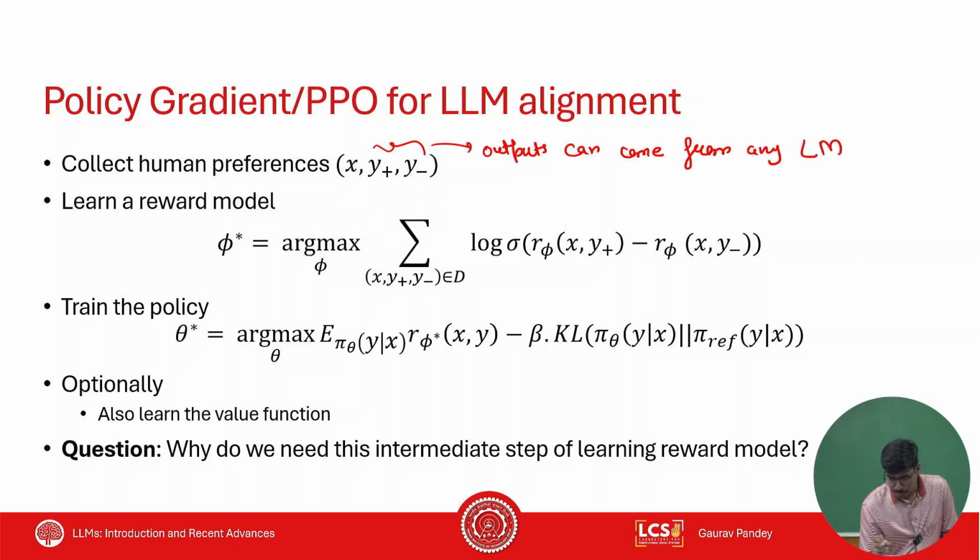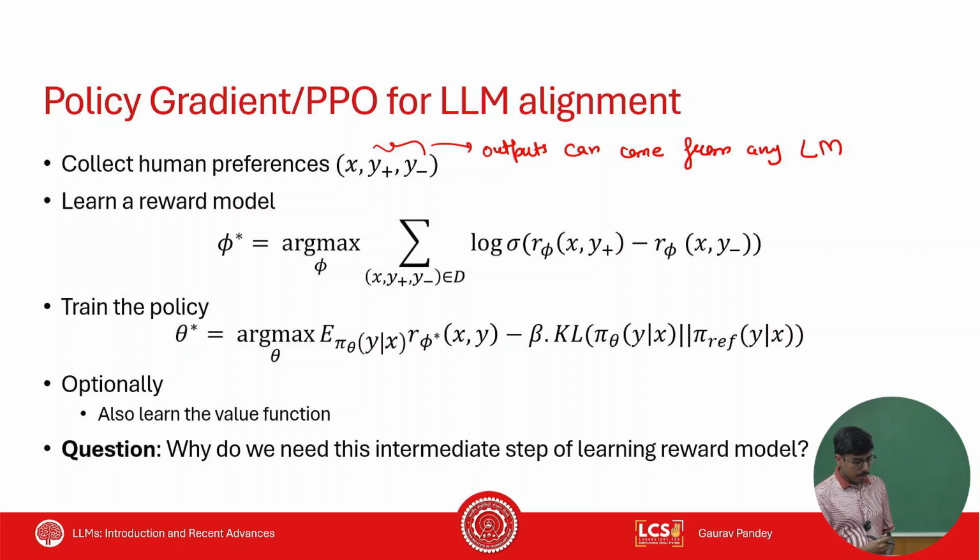And based on these outputs, you learn a reward function. And why will you need a reward function? Because during the training of the policy, you will use the reward function to actively label samples that come from the policy.